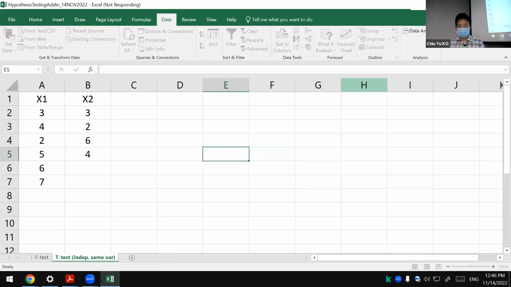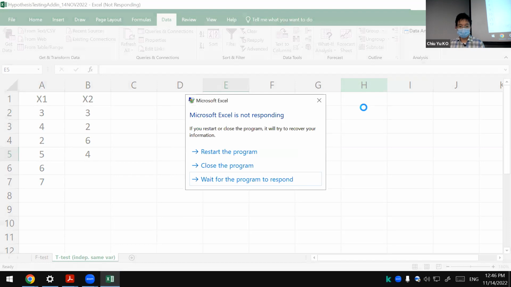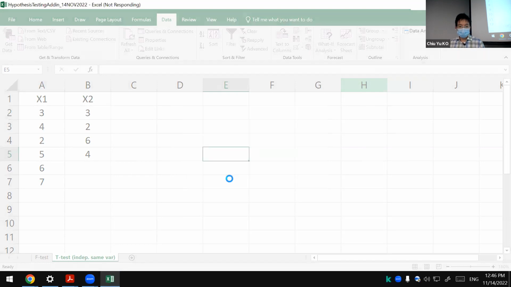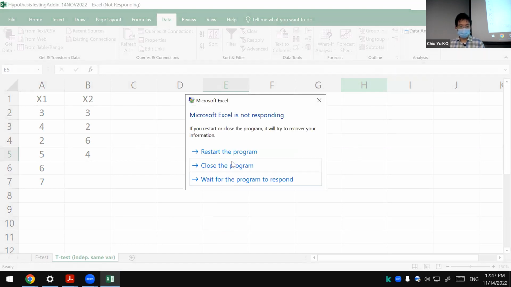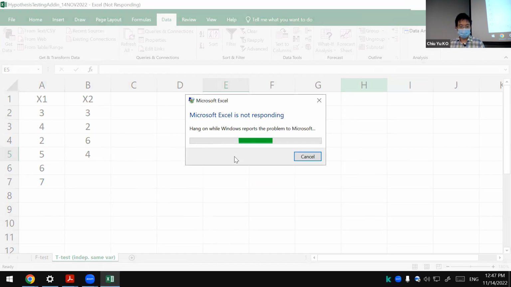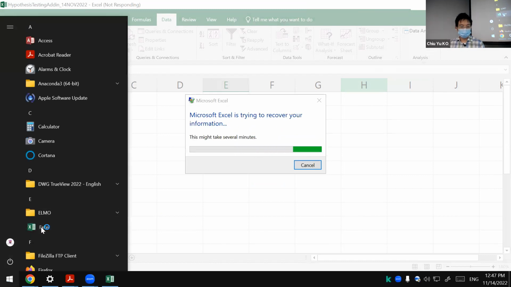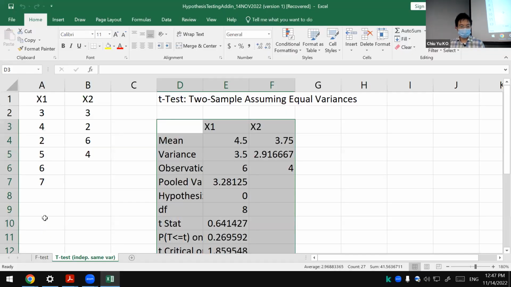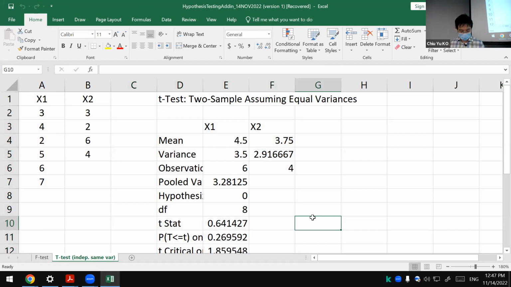For some reason, research responding, which is not surprising. Sometimes the Windows system is okay, it's come out anyway, surprisingly.